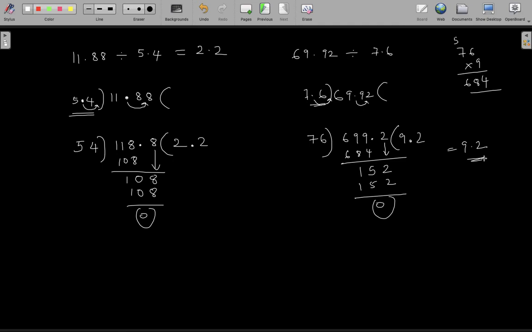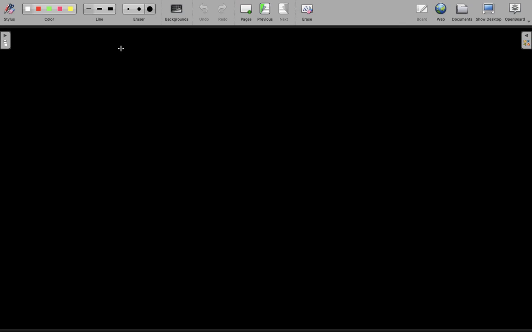You understand? Let us look at a few other examples. Say suppose I have a number something like 0.5. This time I want to divide this by 0.25. So what I have here is 0.5. I want to divide this by 0.25. Now this is a decimal number, so I want to convert this into a whole number.